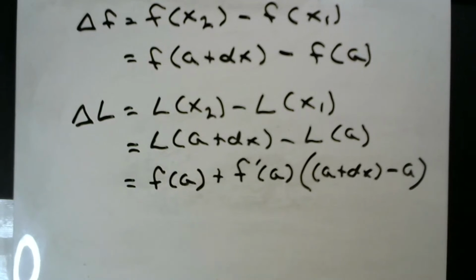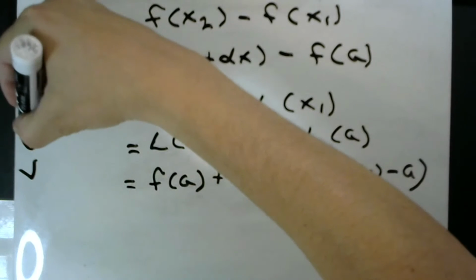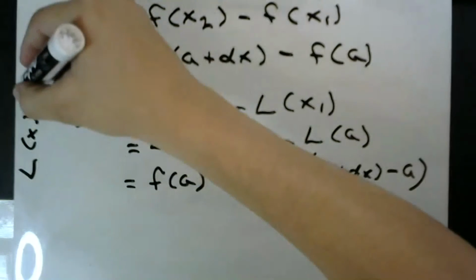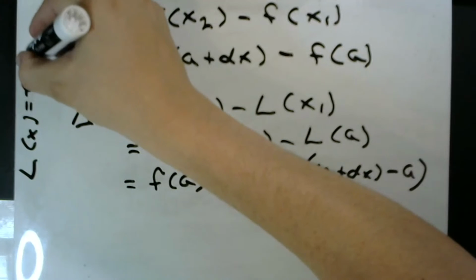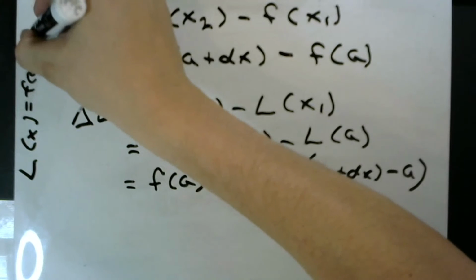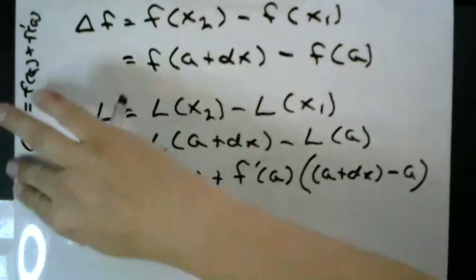minus a. Remember, for L of x, I'll write it to the side here, L of x near x is a is f of a plus f prime of a. Ooh, running out of room.